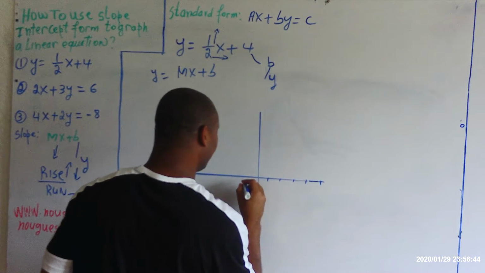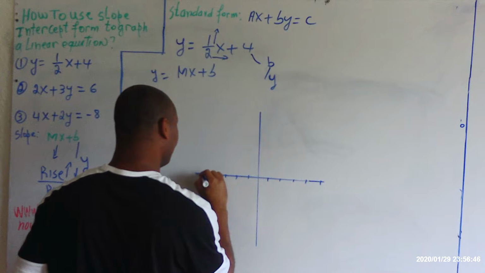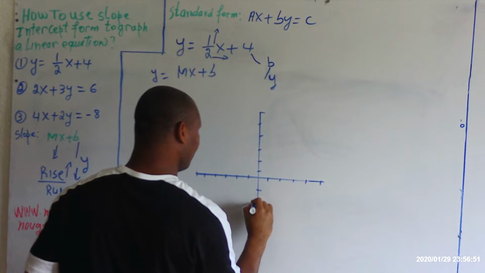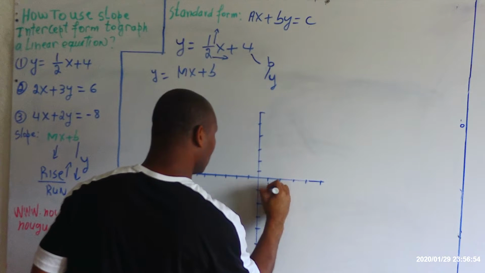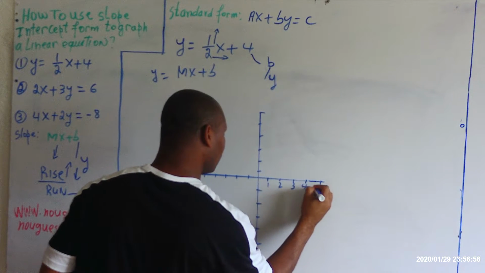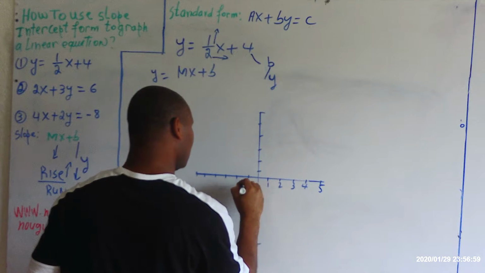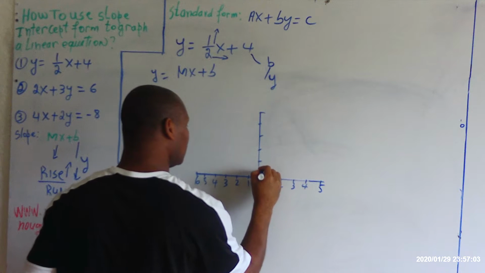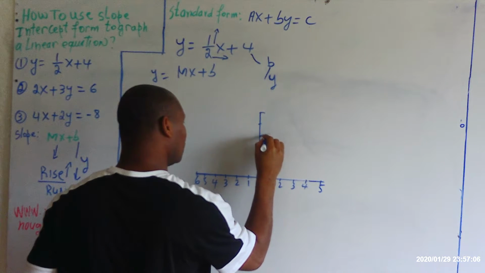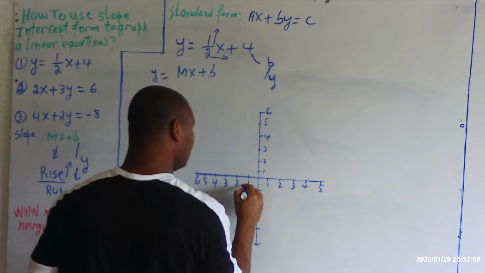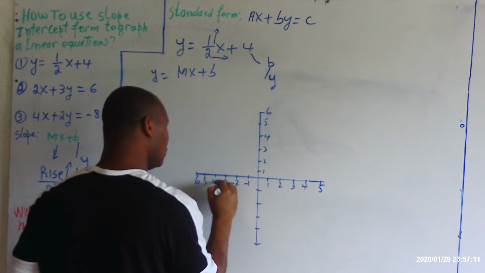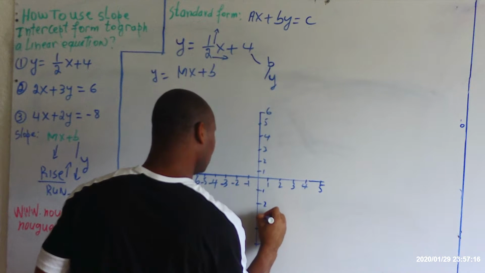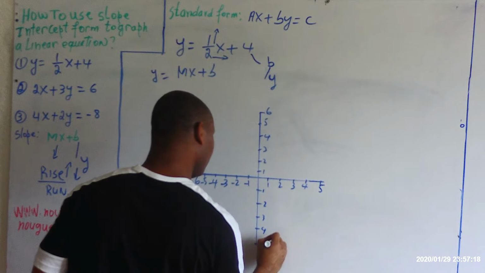Number line. 1, 2, 3, 4, 5, 6. Remember, these are negative numbers. 1, 2, 3, 4, 5.